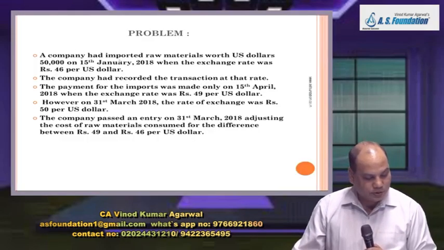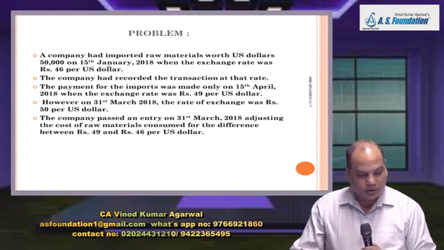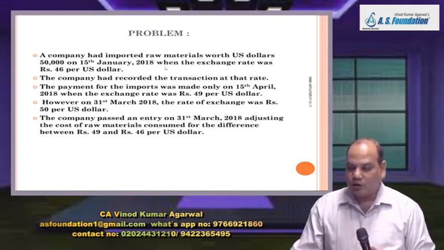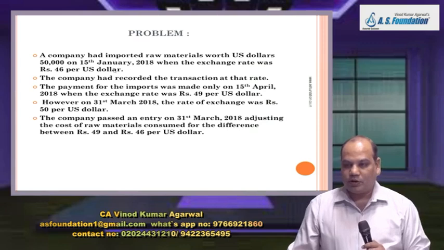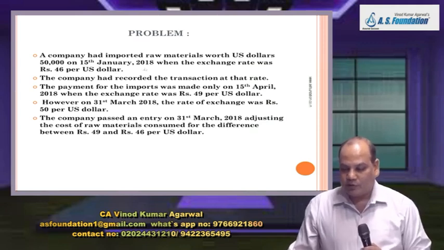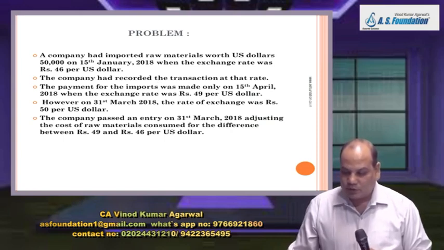Now solve this question. 13 number. A company had imported raw material worth USD 50,000 on 15 January 2018 when the exchange rate was rupees 46 per US dollar. The company had recorded the transaction at that rate. The payment for the import was made only on 15th April when the exchange rate was 49 per USD.